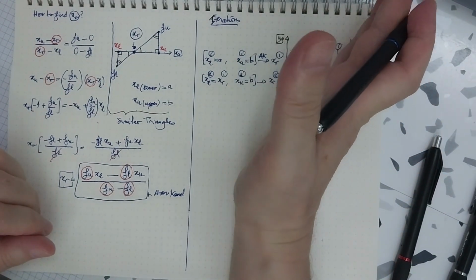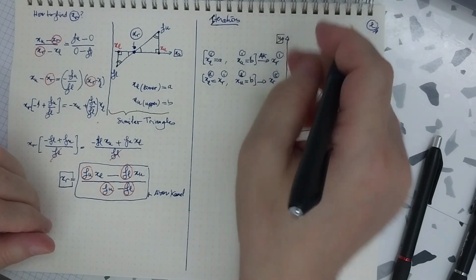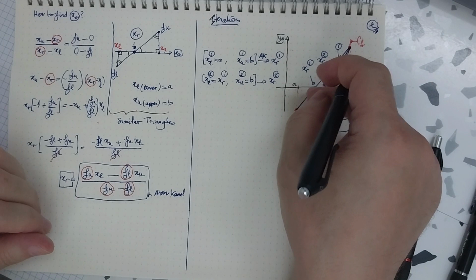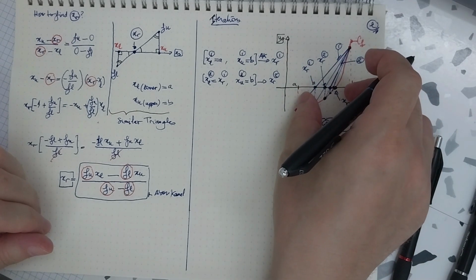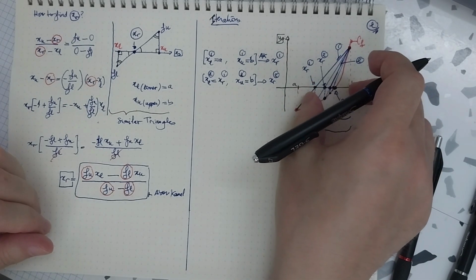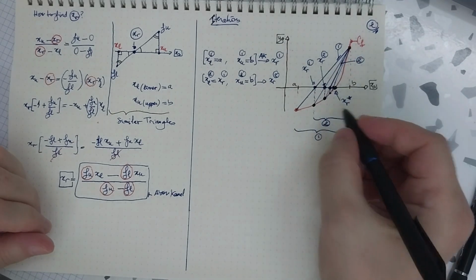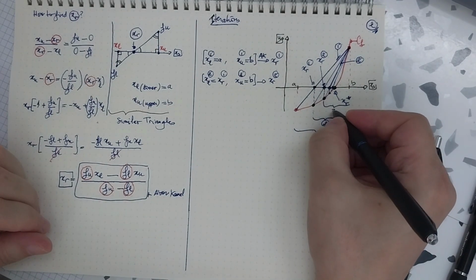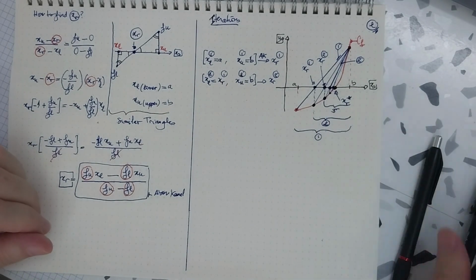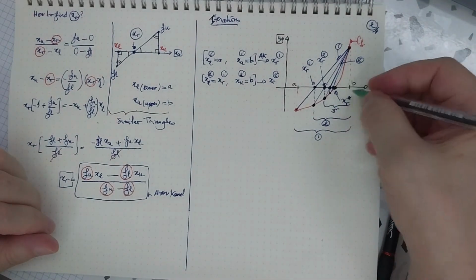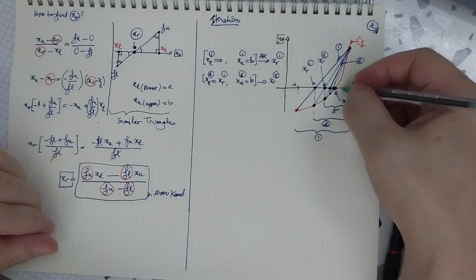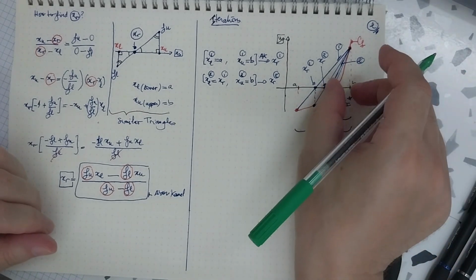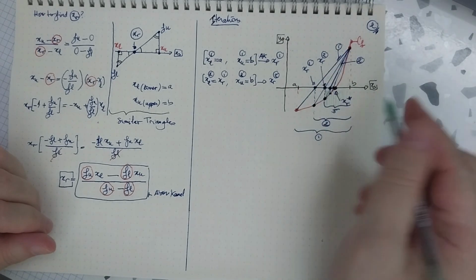At each iteration, we build a chord, we get the intersection of the chord with the x-axis, and then we get another interval, a second interval, a third interval, a fourth interval. So this is the third interval. And then the fourth interval, and then fifth, and so on.